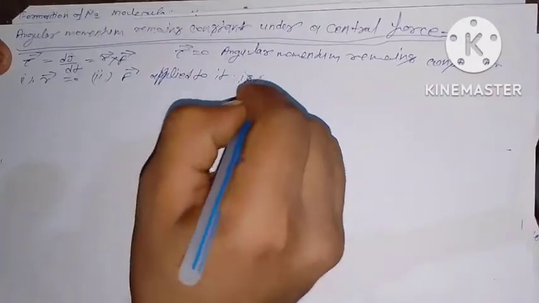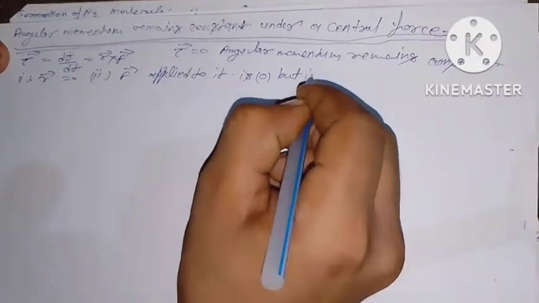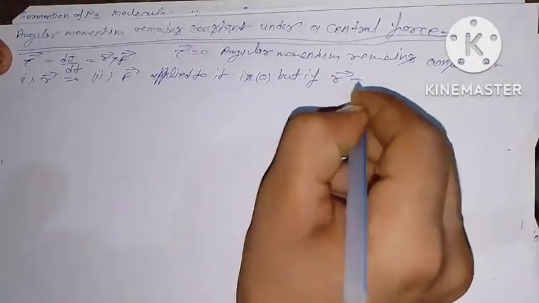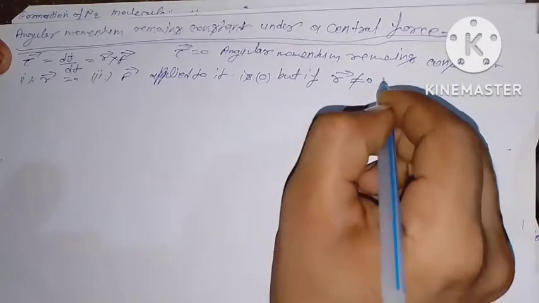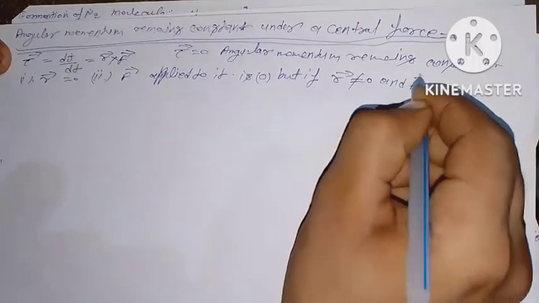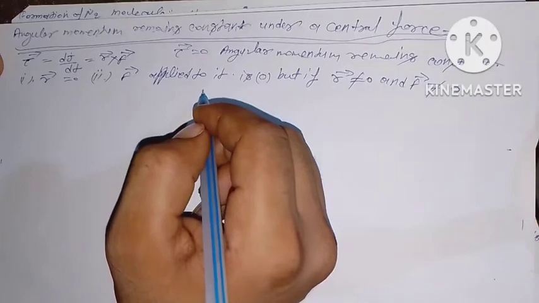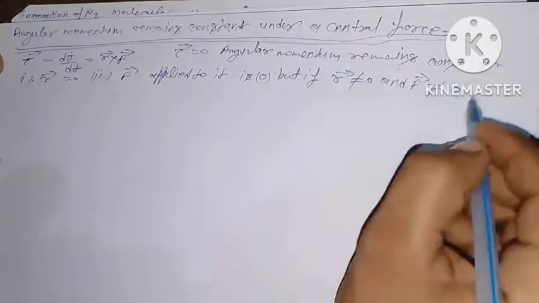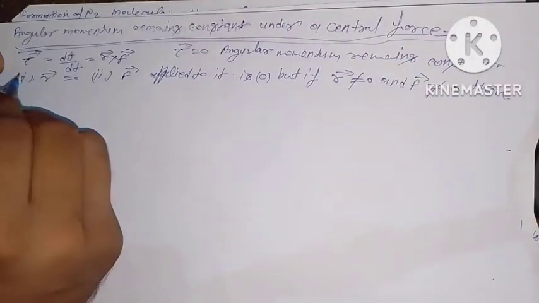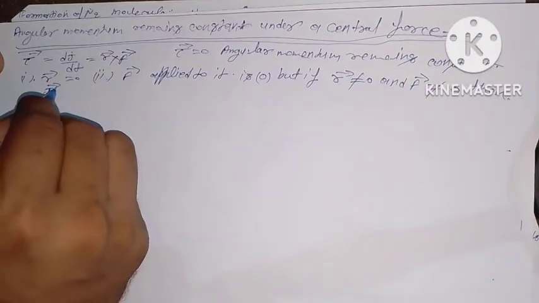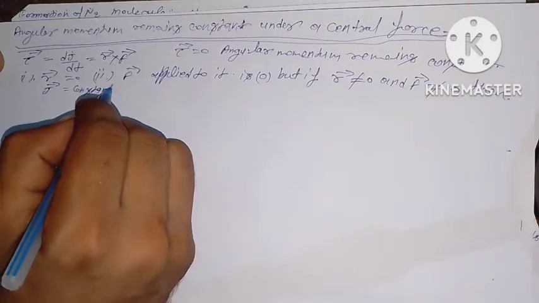But if vector r is not equal to 0 and vector F is not equal to 0, the third condition that must be satisfied is that vector J is constant.